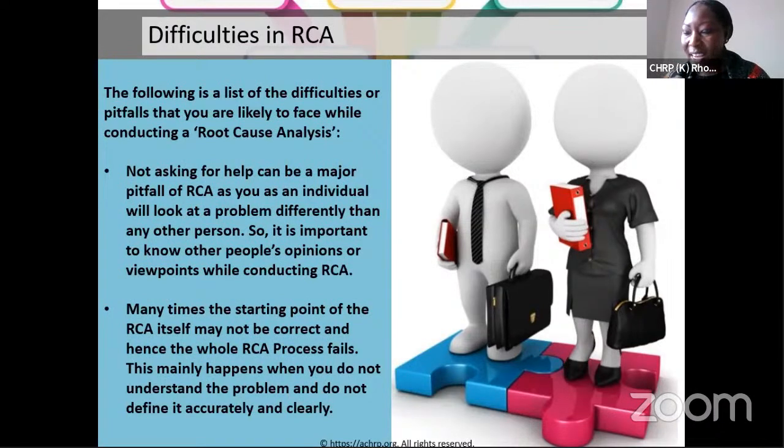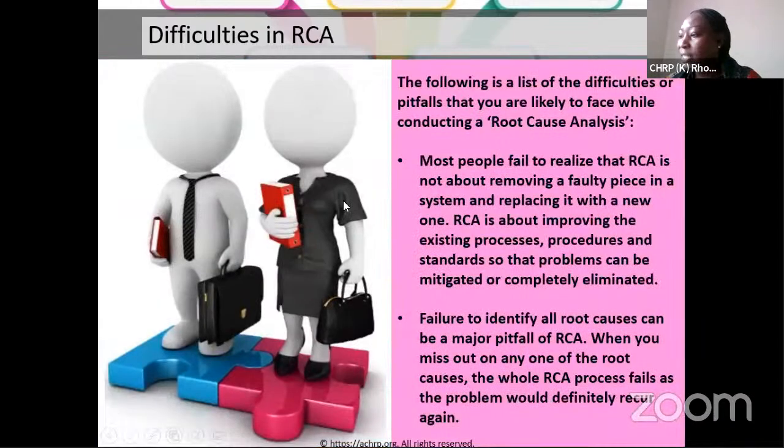Once you are able to do that, then it becomes very easy because even the causes will be properly diagnosed and we will be able to come up with solutions as they come. So inadequate diagnosis of the problem, inaccurate problem statement, or failure to actually understand is likely to yield poor results.